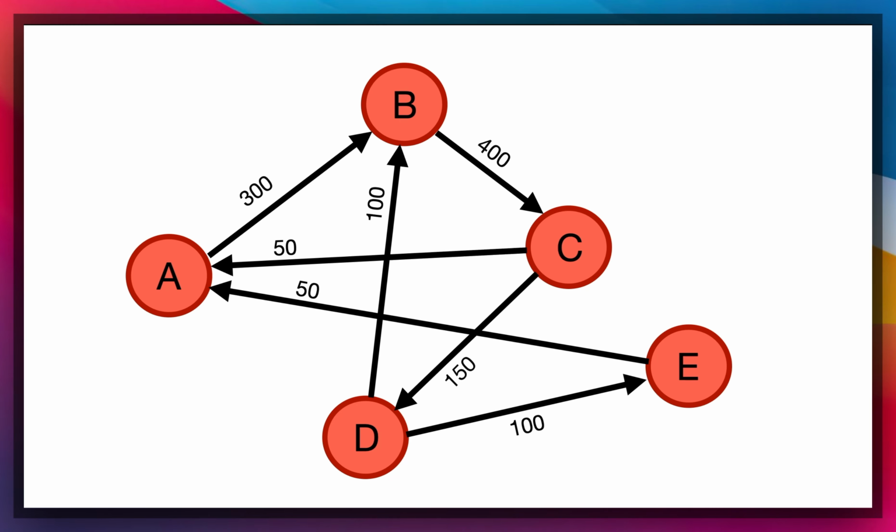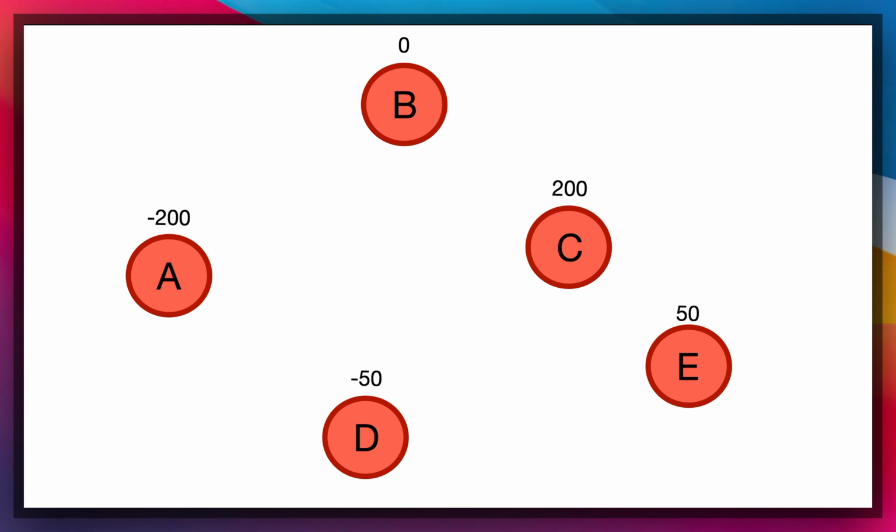So user A will check that in total I have to pay 300 to user B, and in total I would be receiving 100 from user C and user D. So my net profit or net loss would be minus 200. So at the end of the day, I have to pay 200 to someone. I'm not sure whom I have to pay, but I have to pay 200. That is what I am sure of.